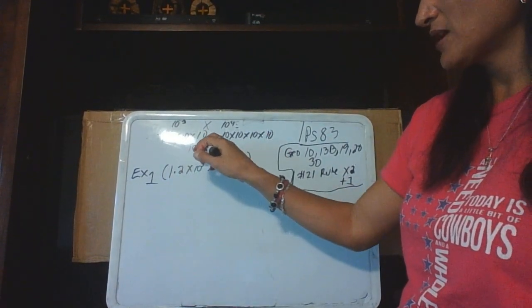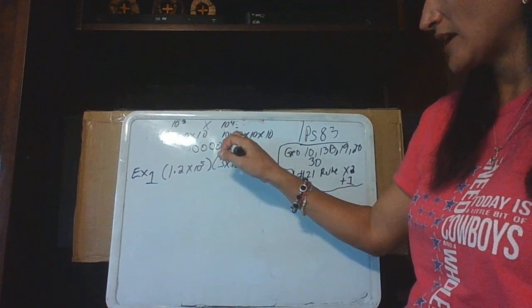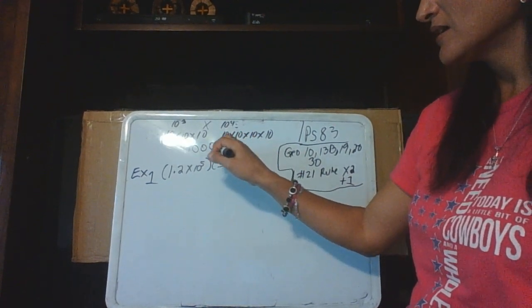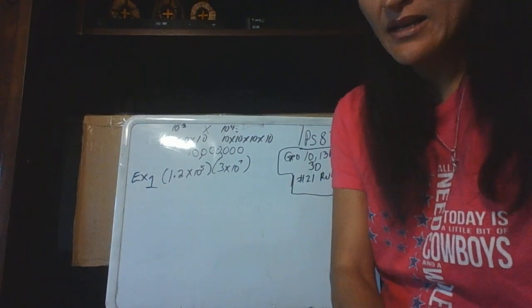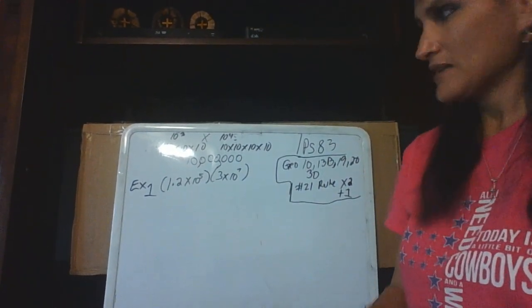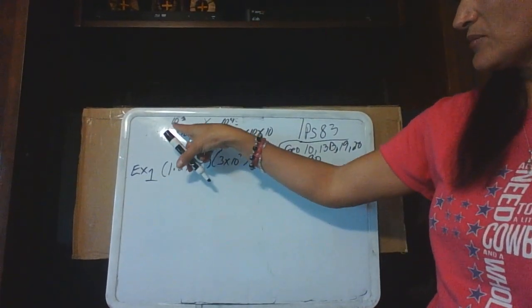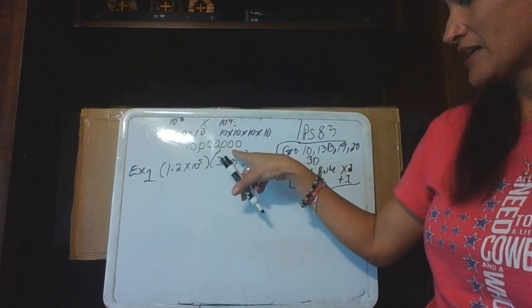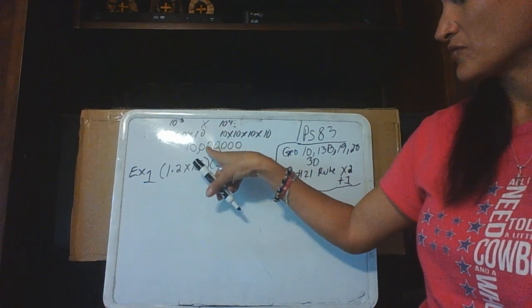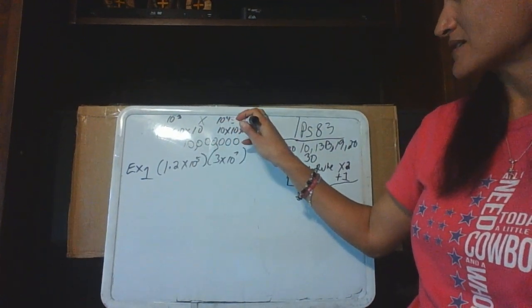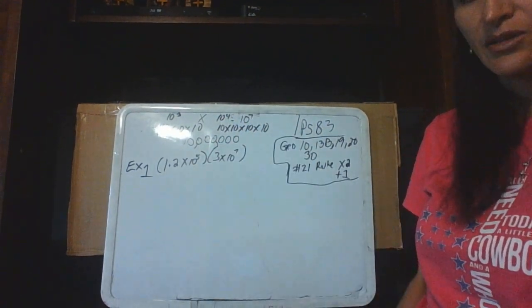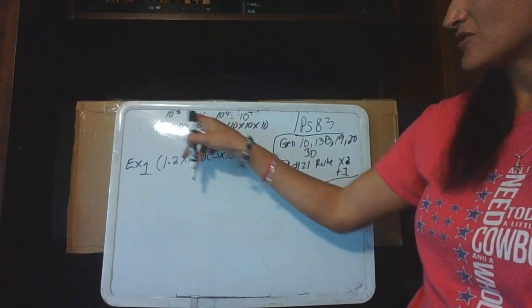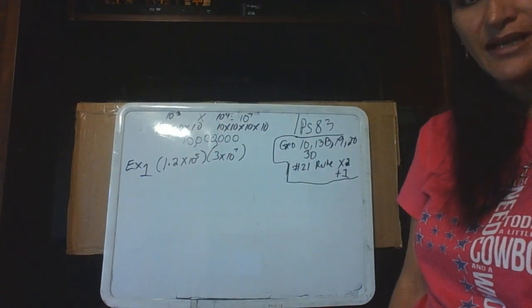So in this case it'd be 1, 2, 3, 4, 5, 6, and 7 zeros, with commas, okay? So that brings us to our rule. When the bases are the same, we are able to add 3 and 4 together. So that would make this 10 to the 7th power. So we see that 10 to the third times 10 to the fourth equals 10 to the 7th.